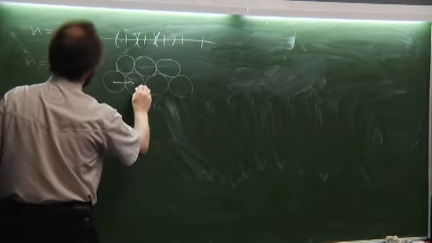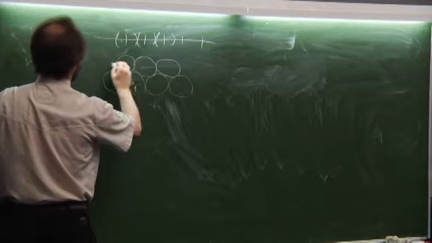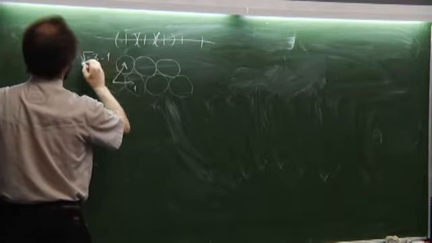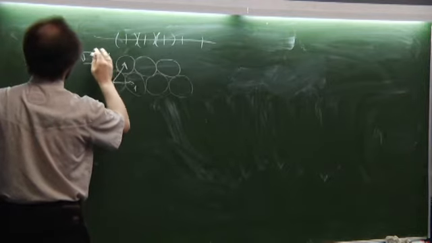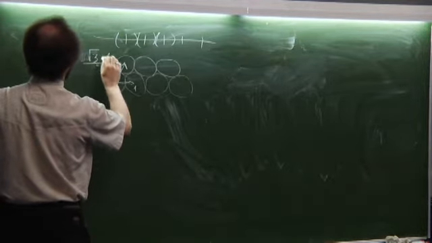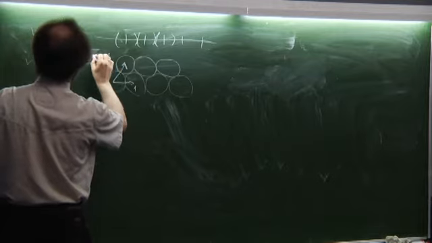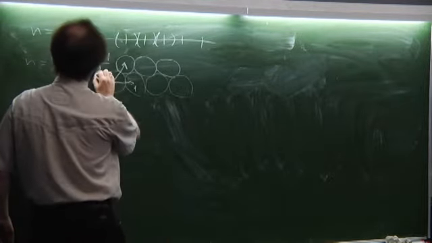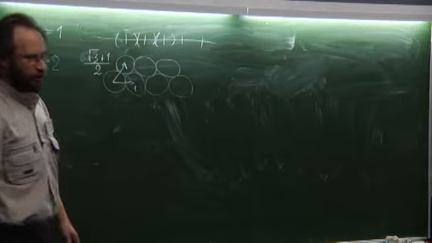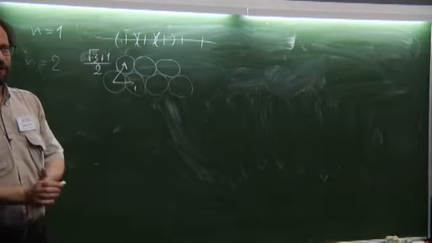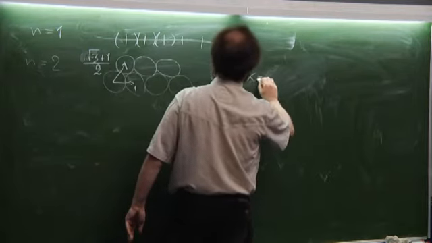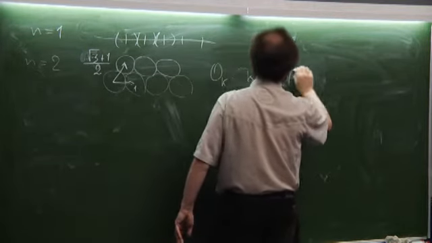Because if this is 1, this is minus 1 plus square root of minus 3 over 2, and plus 1. This is the ring of integers in k equals Q square root of minus 3.